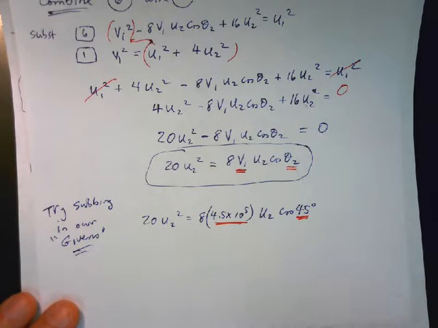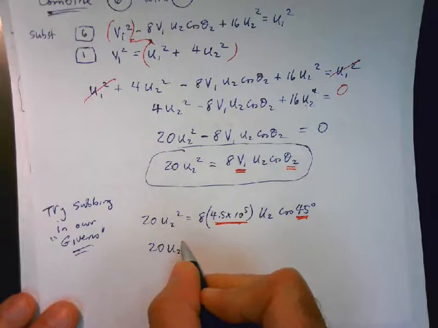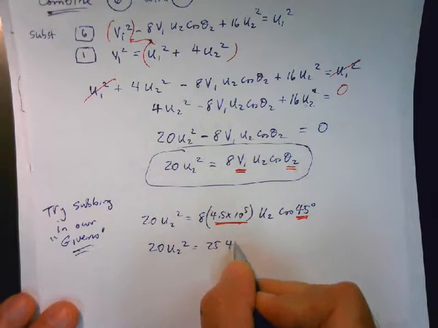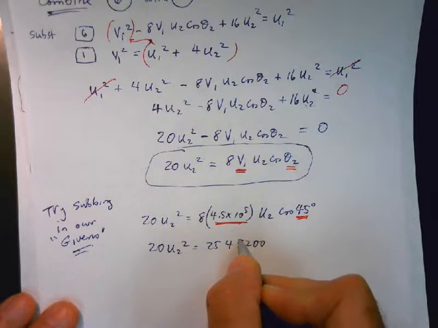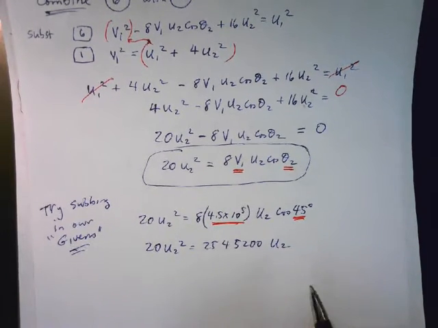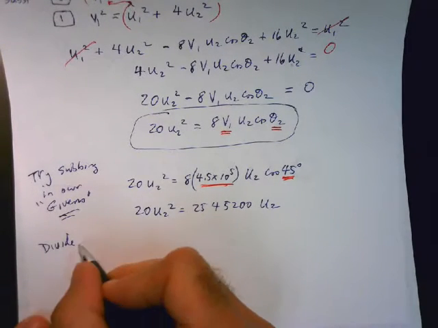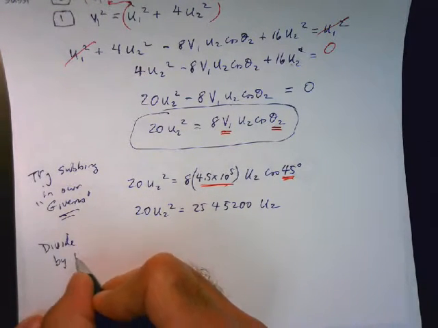If we go ahead and simplify this, I'll just write it down. 52, okay, u2. And now I can divide both sides by u2.